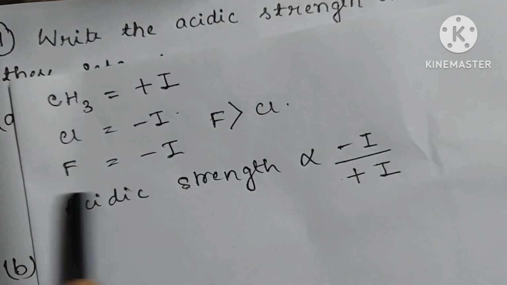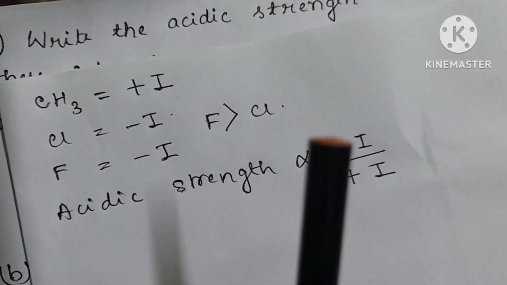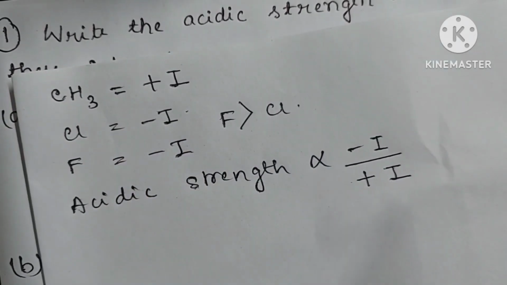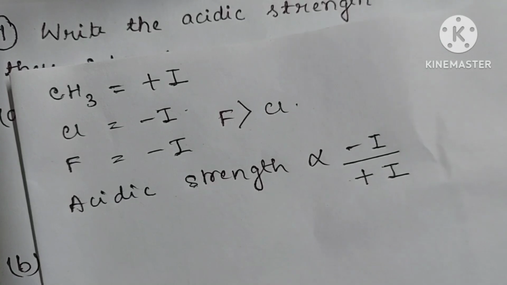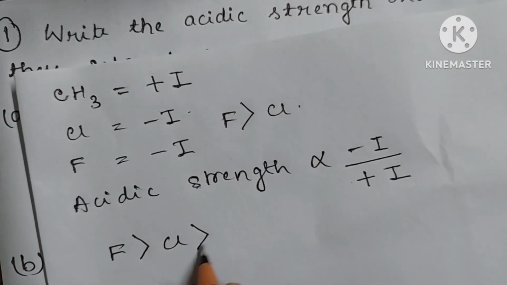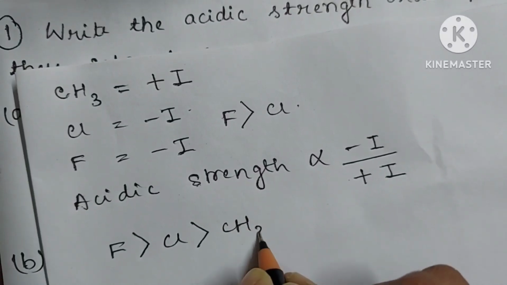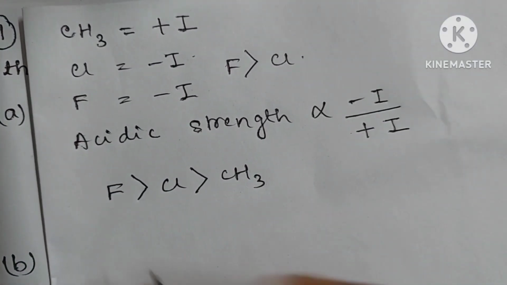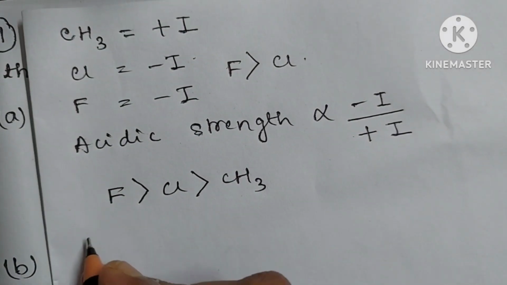All the minus I things will have greater acidic strength, and the plus I will have lesser acidic strength. That means this should be the order for acidic strength. So here first what should come?